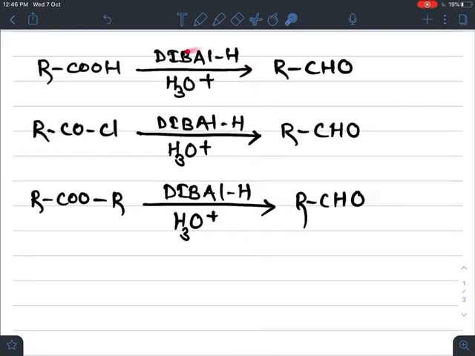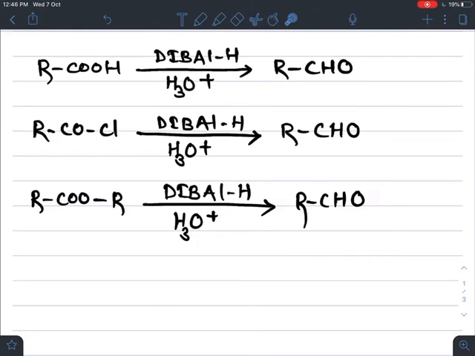You must also know that these carboxylic acids, acyl chlorides or esters, when they undergo reduction in presence of diisobutyl aluminum hydride, are converted into their corresponding aldehydes, and at this step we get the stable aldehyde product. They do not undergo further reduction. So this is the most important method.